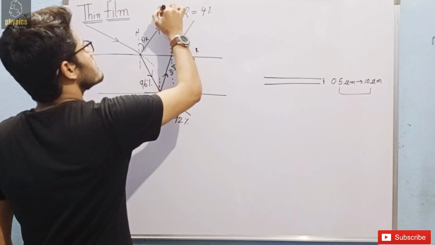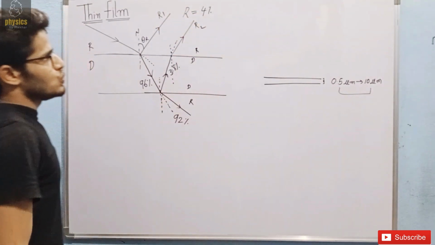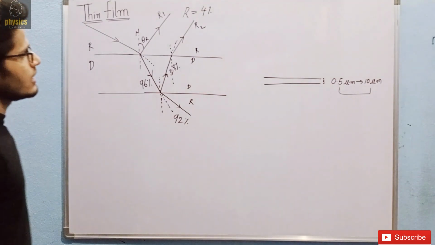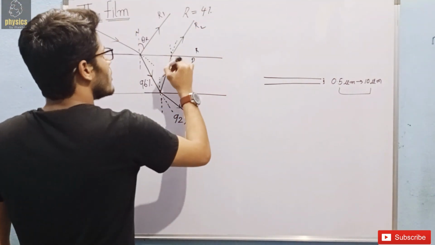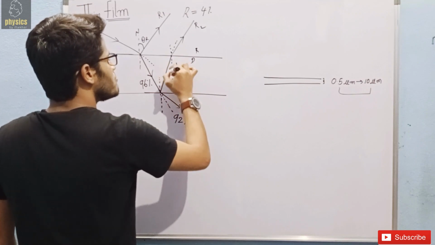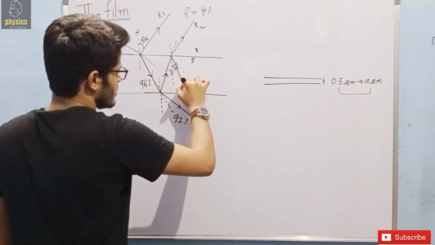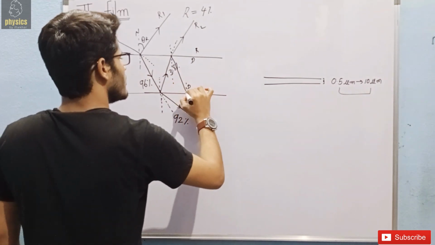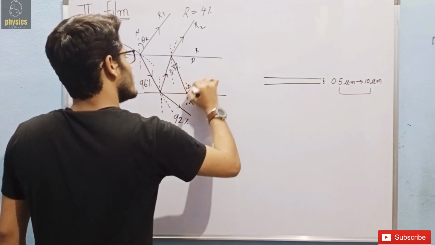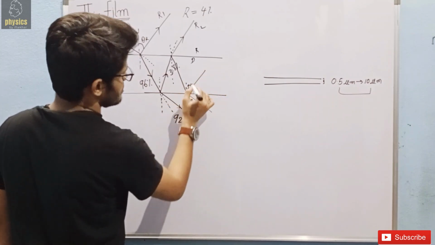So I am calling this ray as ray 1 and this ray as ray 2. Okay, so this is my ray 1 and this is my ray 2. And again some part of it will get reflected, and similarly again reflection and transmission.